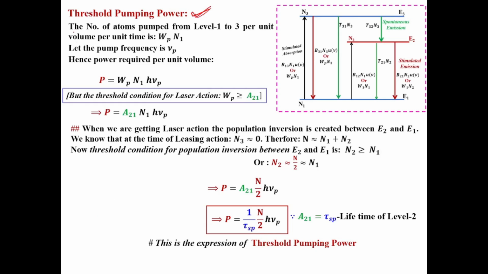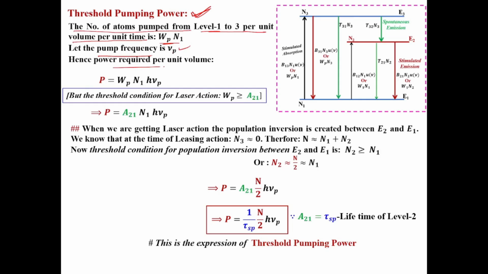Here the number of atoms pumped from level 1 to 3 per unit volume per unit time will be equal to WP into N1, the so-called rate equation itself. Let the pumping frequency equal hν.